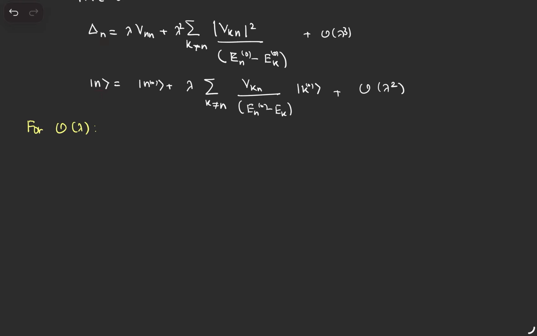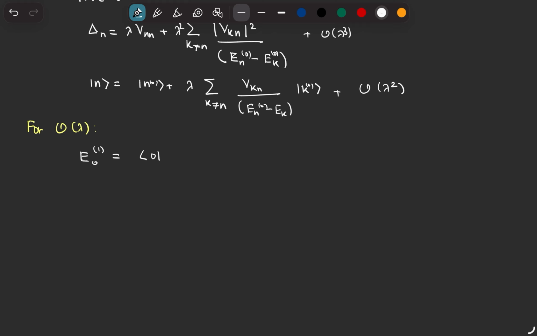In principle you have infinite energy levels, but right now we just want the ground state. So E of 0, up to first order, should be nothing but the expectation value of the perturbation.